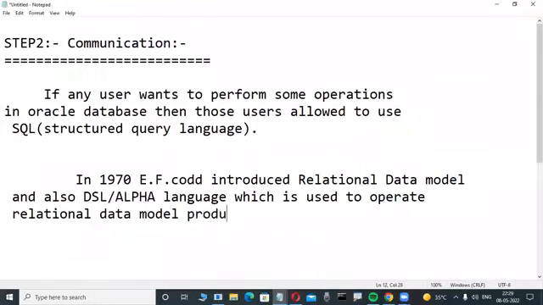Write it. Another thing, at least today we are completing this. Next para.